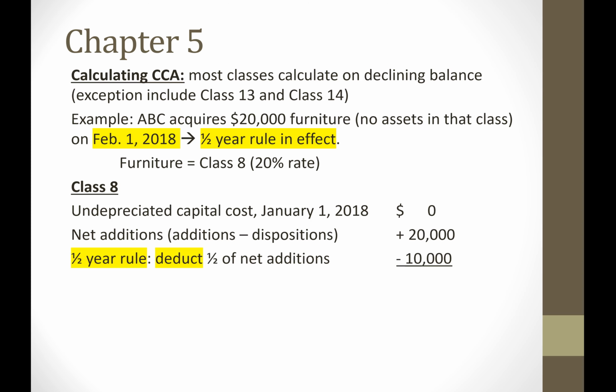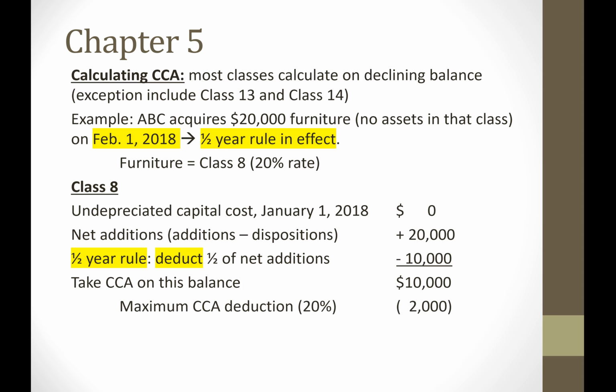The way the half-year rule worked was that in the year of new additions, we would only be able to take CCA on one half of those net additions. So we would have to remove half of the net additions, and that's going to leave us with a CCA base of $10,000. Now, the CCA rate for class 8 is 20%, so the maximum CCA we could deduct would be $2,000, 20% of $10,000.